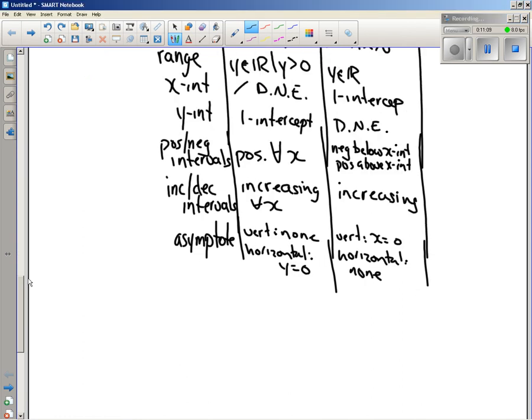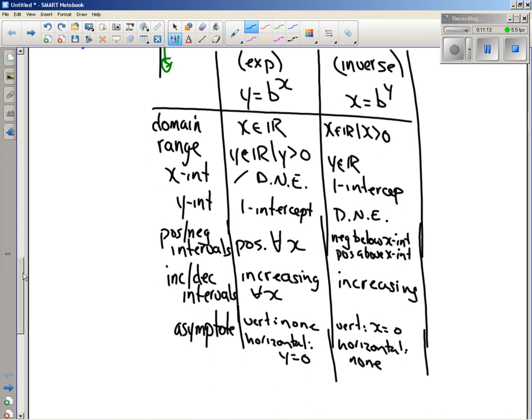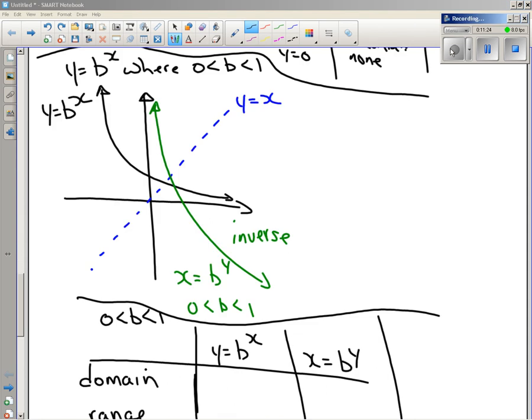Okay, so we can go through and we can fill out the right-hand column for our inverse function, just going through and looking at the exact same characteristics and the same process we did before. Okay, so we went through, we have a graph of b when b is between 0 and 1.